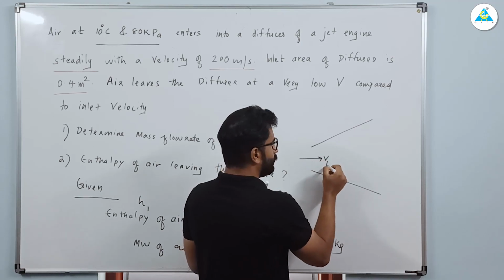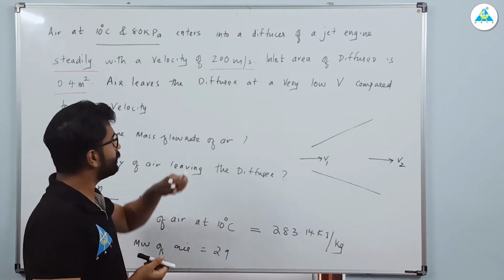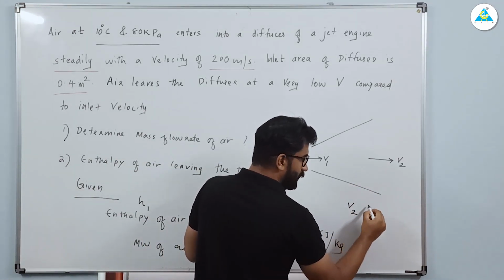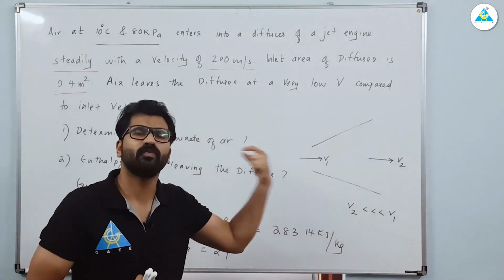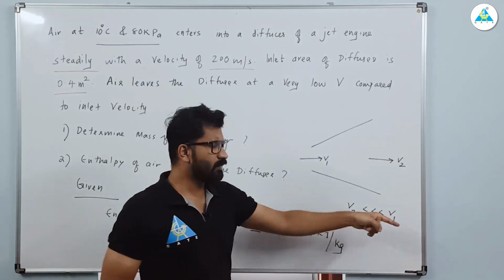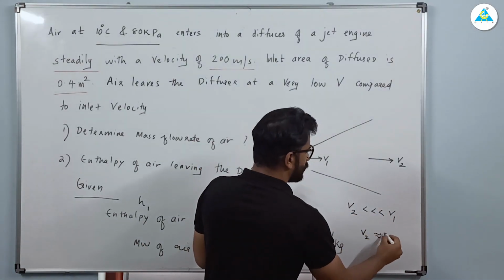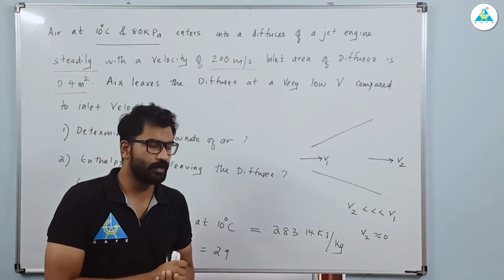This will be V1 and this will be V2. What is the meaning of the last statement? Air leaves the diffuser at a velocity very low. It means your V2 will be very small compared to V1, and you can assume V2 as 0 here. So V2 is very much less than V1. So V2 can approximately be taken as 0 for solving the problem. These things you need to understand.